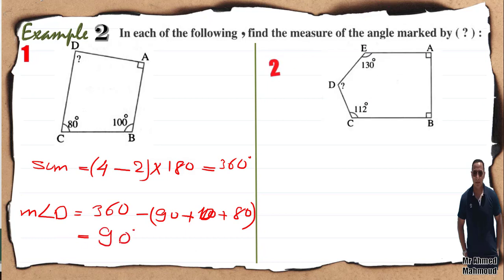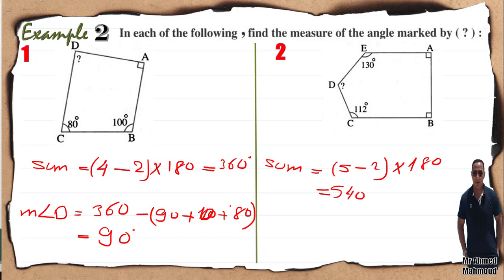90 degrees. Number 2. Also, first I'm going to evaluate the sum. Now we have 5 sides, so it is 5 minus 2 times 180 equals 540.